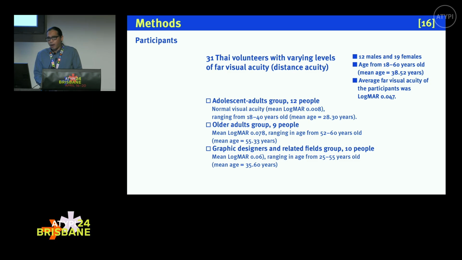I also divide the 31 participants into three groups. The first group is the adolescents and young adults group, 12 people. The second group is the older adults group, 9 people. And the last is the graphic designer and related fields group, 10 people.